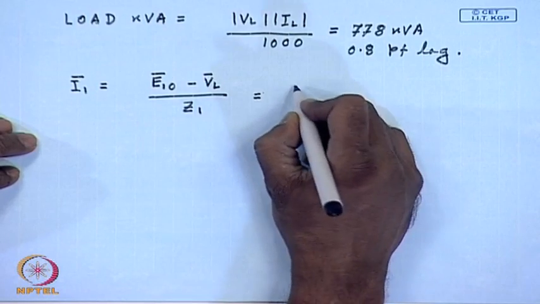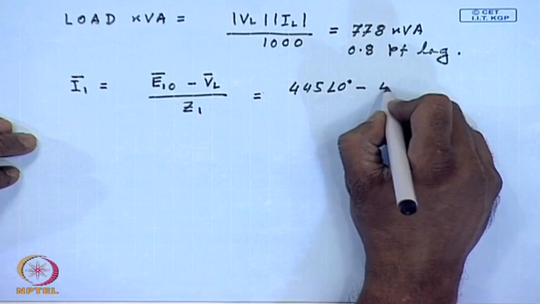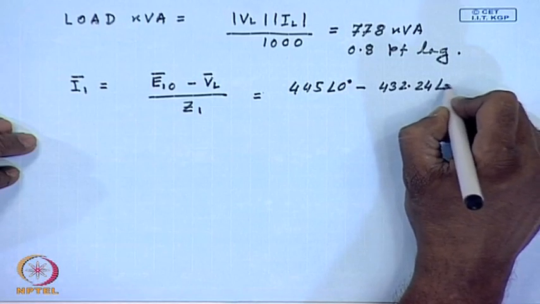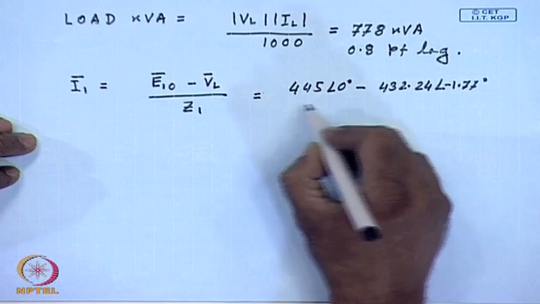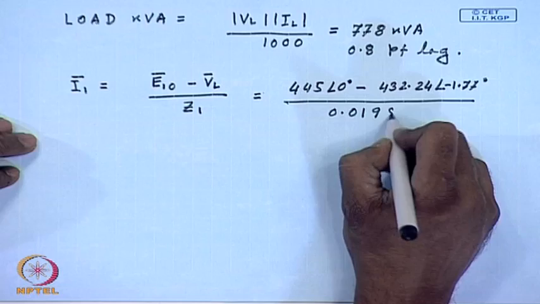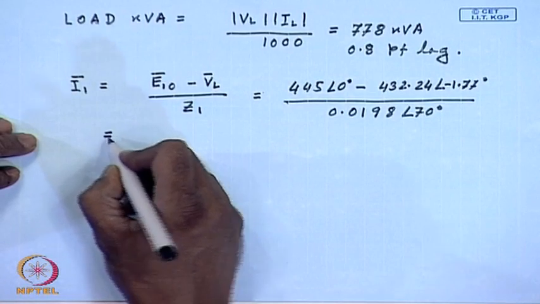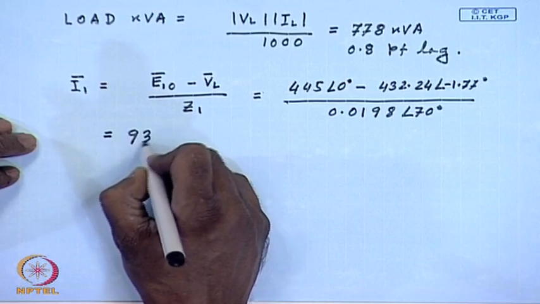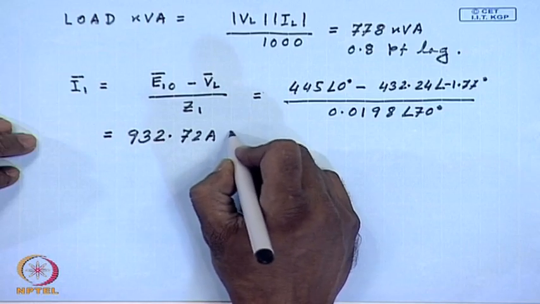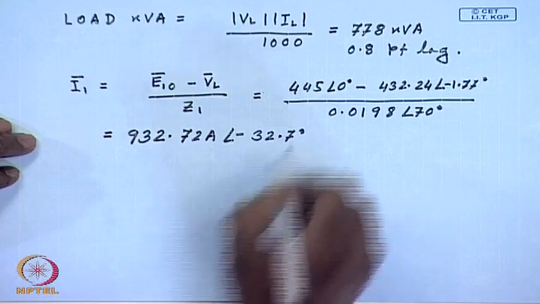This is equal to 445 angle 0 degree minus 432.24 angle minus 1.77 degrees divided by Z1 is equal to 0.0198 angle 79 degrees and I1 comes to 932.72 amperes angle minus 32.7 degrees.